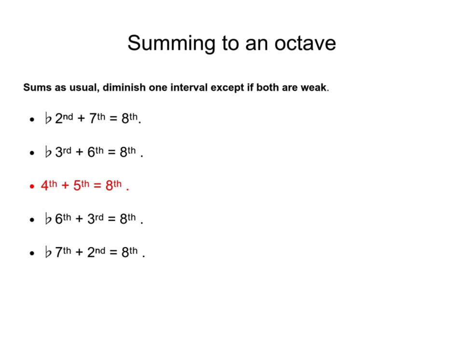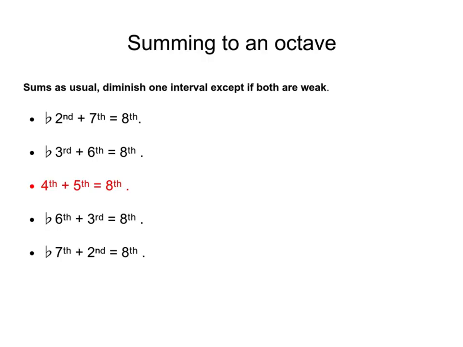Okay, so we just have to diminish one of the intervals that add to the eighth, the octave, except in the case where both intervals are weak. If you have a sum and one of the intervals is strong, then you diminish one of them.